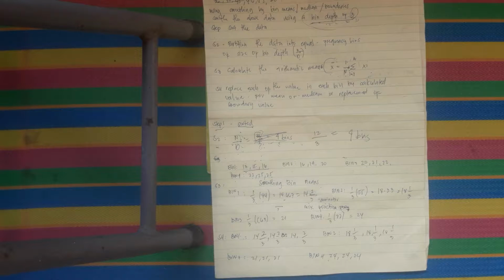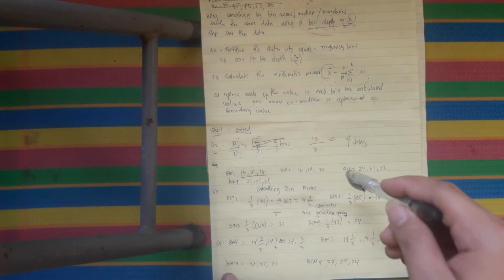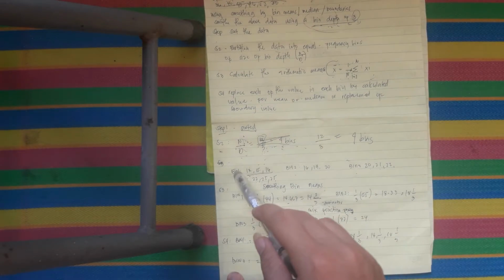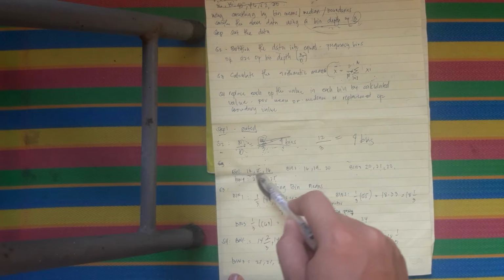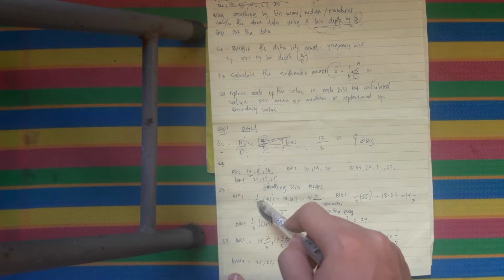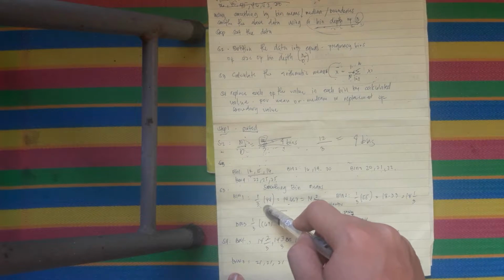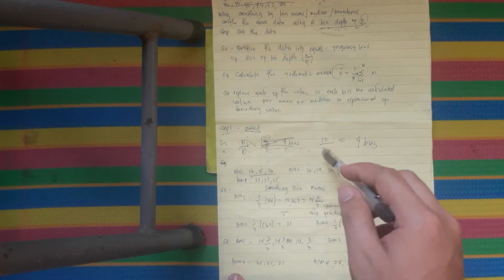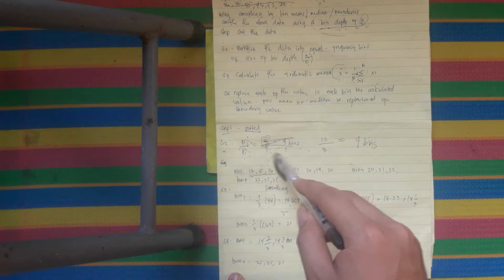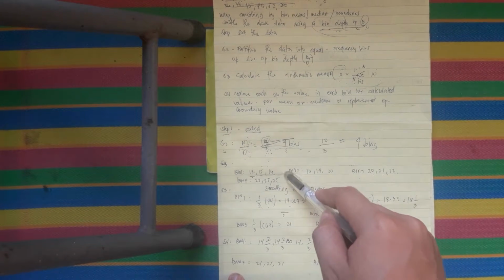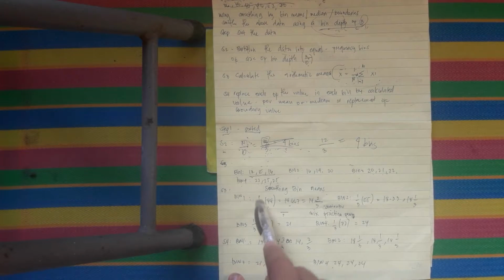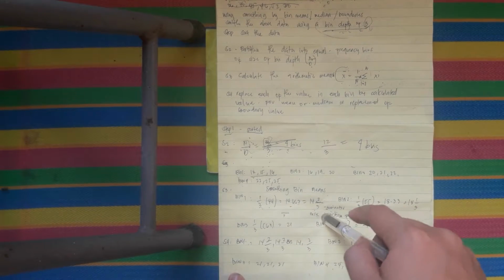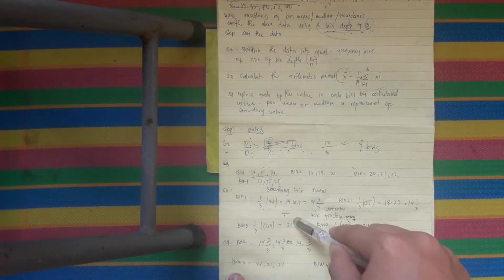Calculate the arithmetic means. We will calculate bin 1 first. How will we compute it? Bin 1 is 1 over 3 times the sum of bin 1, 13, 15, 16, which is 44. So 1 over 3 times 44 is equal to 14.667.